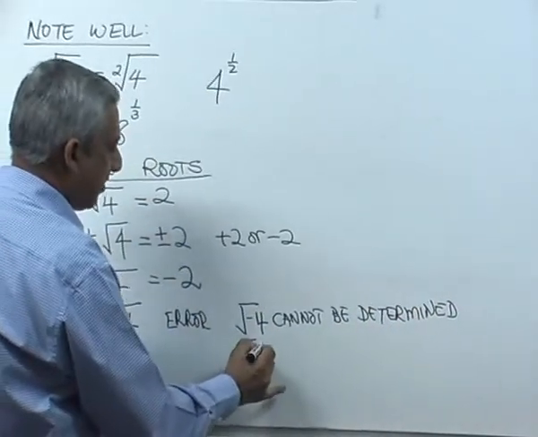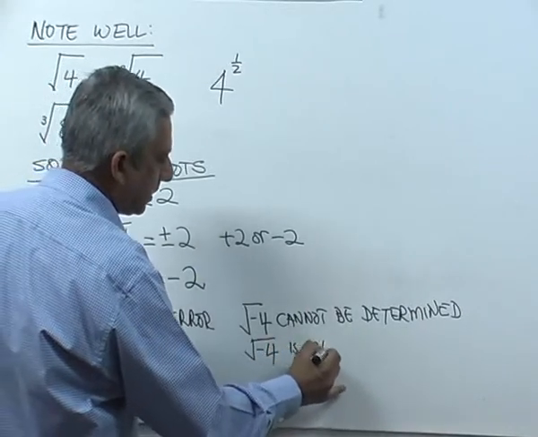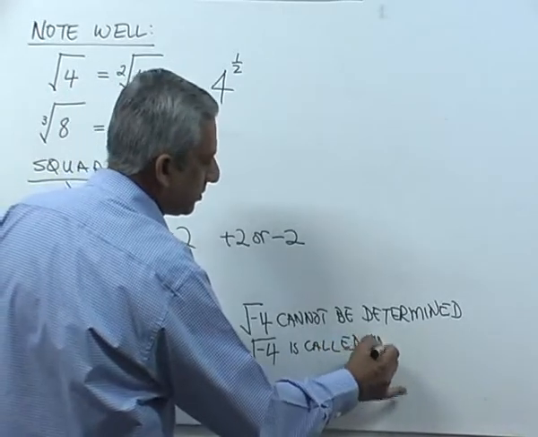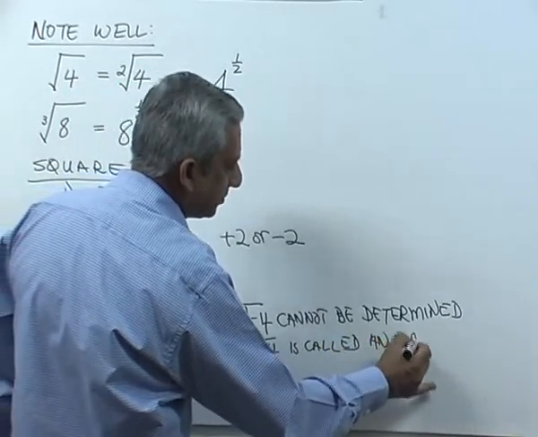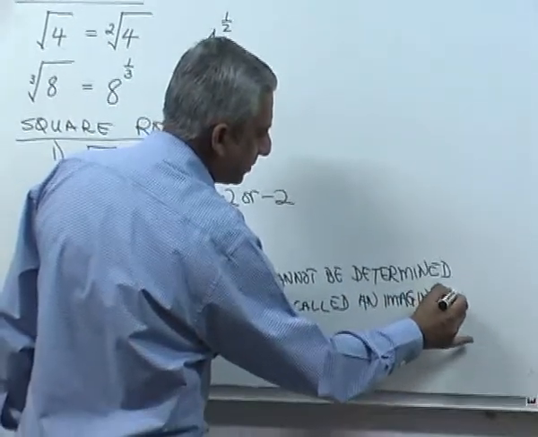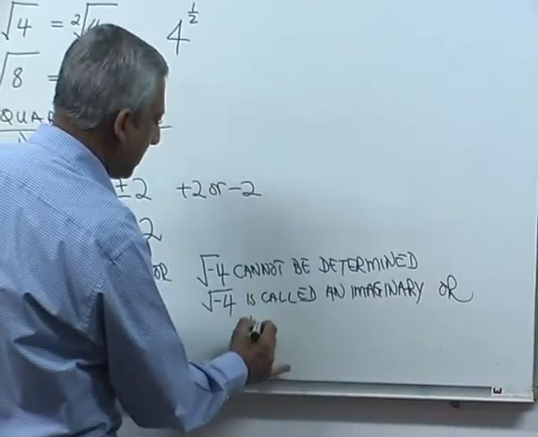The square root of minus 4 is called an imaginary or unreal number.